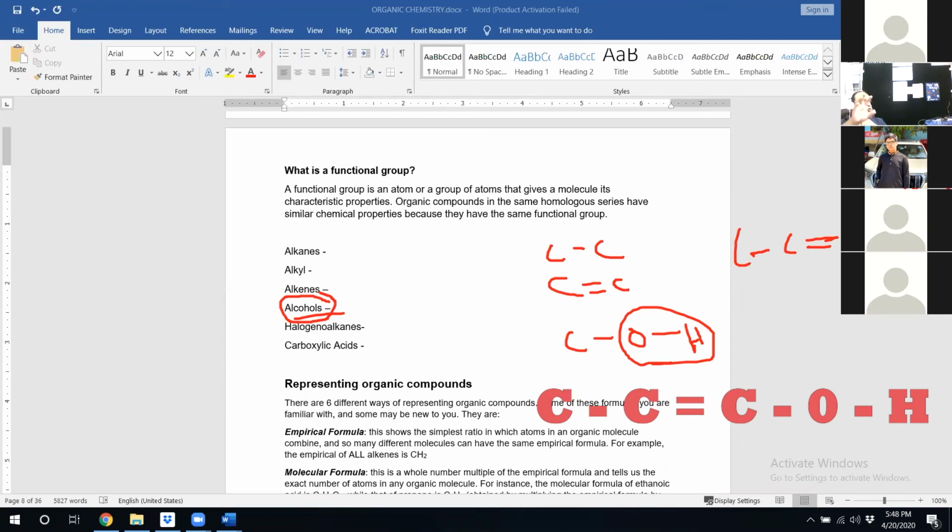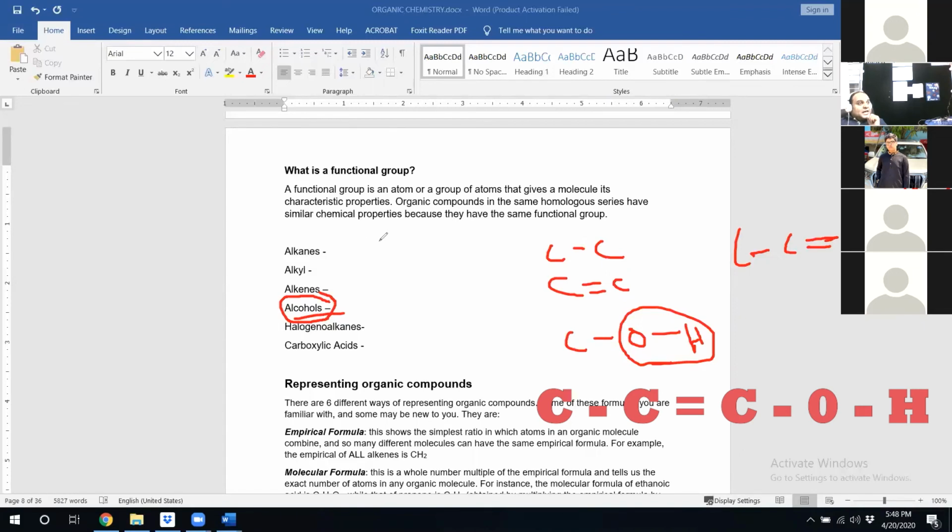So functional groups are basically an atom or group of atoms which gives the identity to a compound.